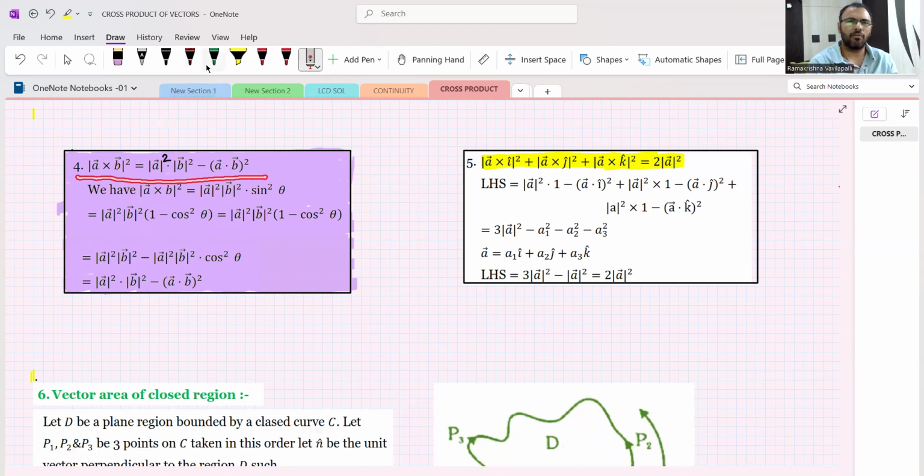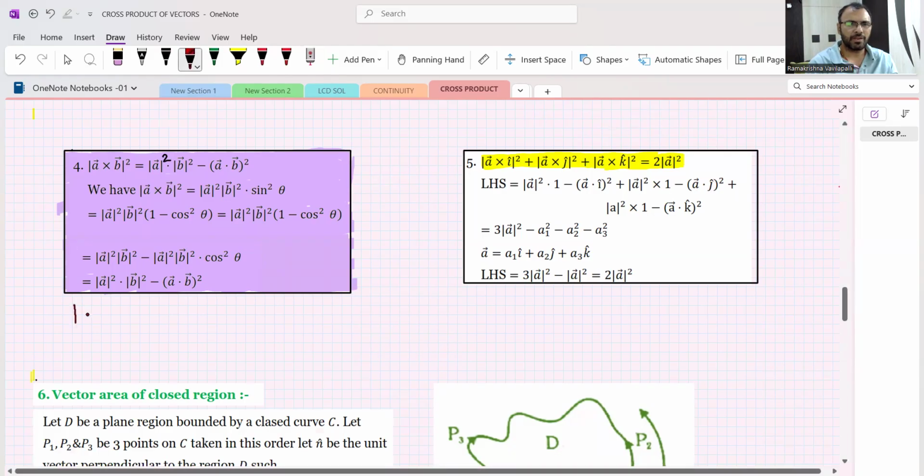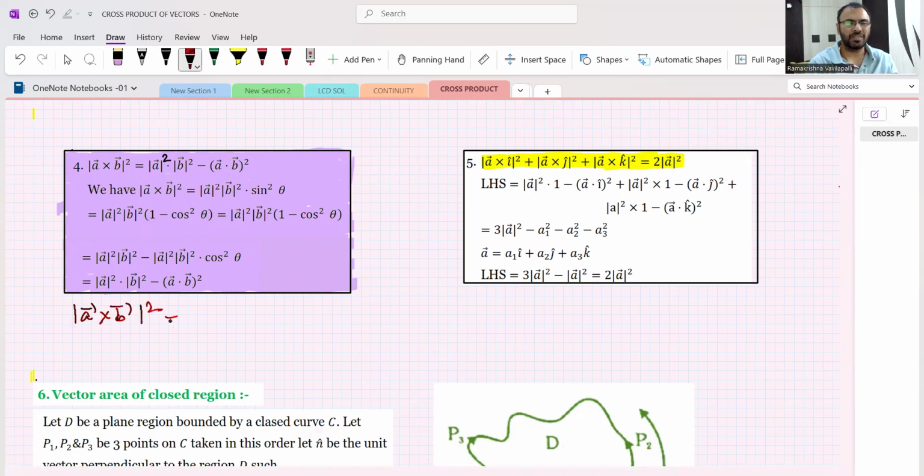Once again, I'll write that formula in a bigger way. This is a very, very useful formula. You will understand when I explain the questions.